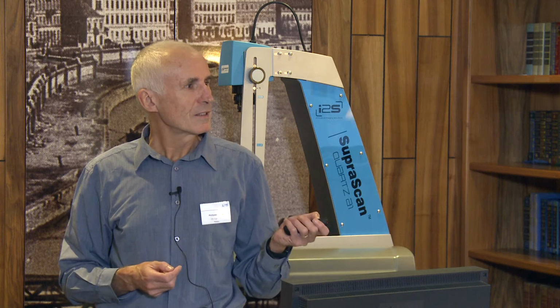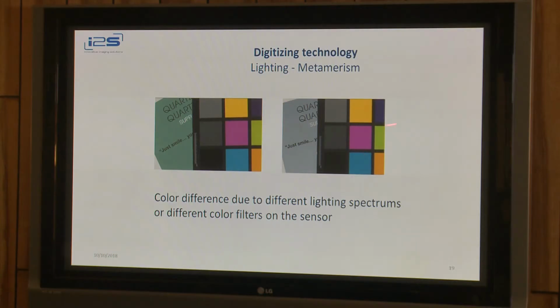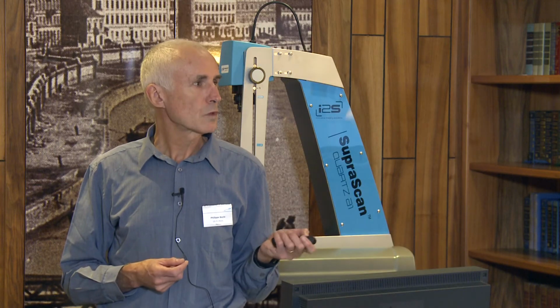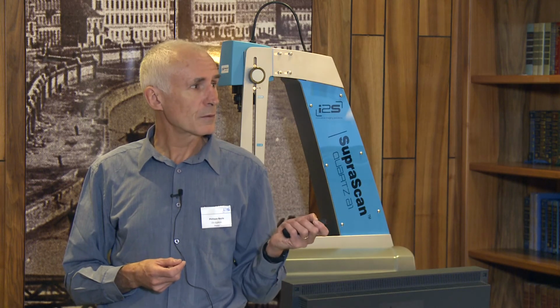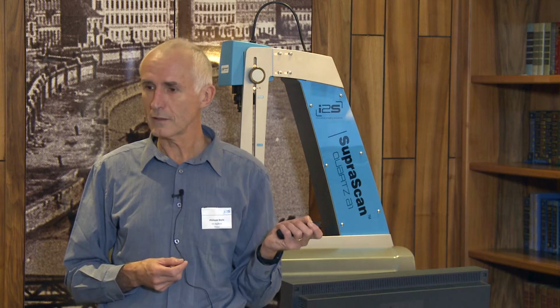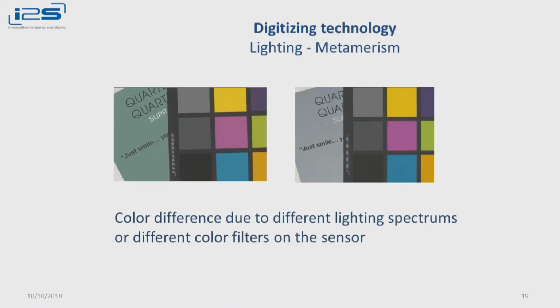On the chart, you get exactly the same value, but the document appears completely different depending on the lighting you are using. So your calibration is right. You cannot have any difference on the chart, because the chart has a very flat reflection spectrum. But on the object, you have a huge difference.